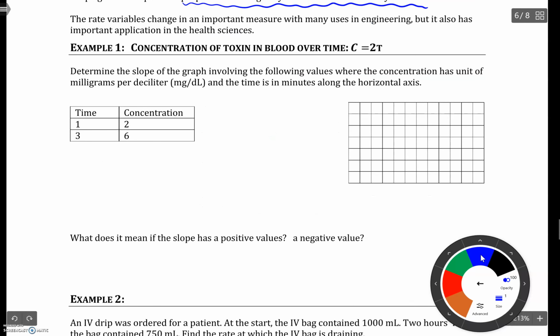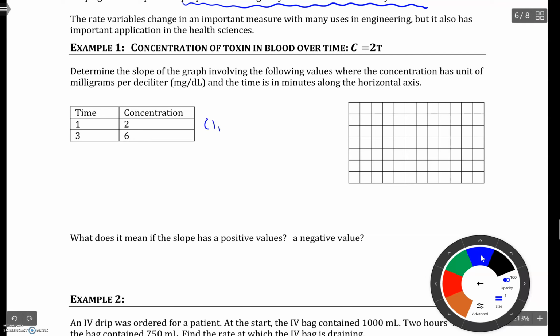If we look at our first example, we're calculating the slope between 2 points that are telling us the relative concentration of toxin in blood over time. So at time 1, there's a concentration of 2 milligrams per deciliter, and at time 3, there's a concentration of 6 milligrams per deciliter.